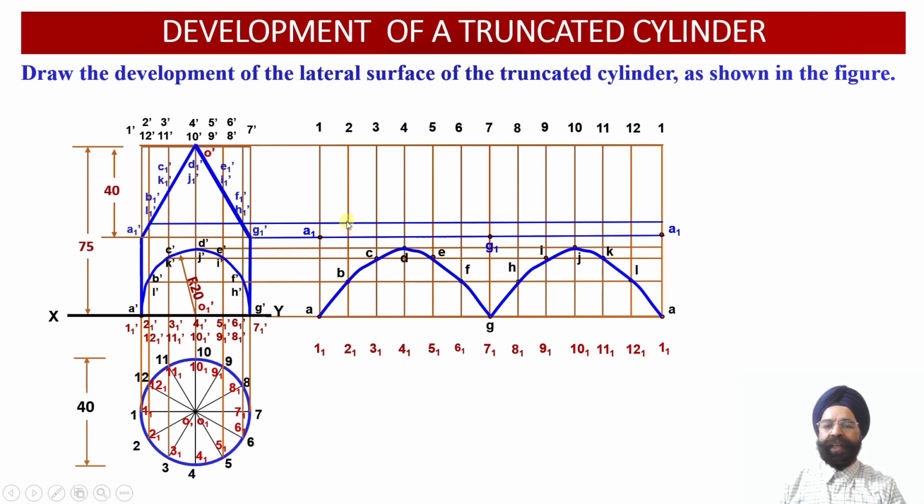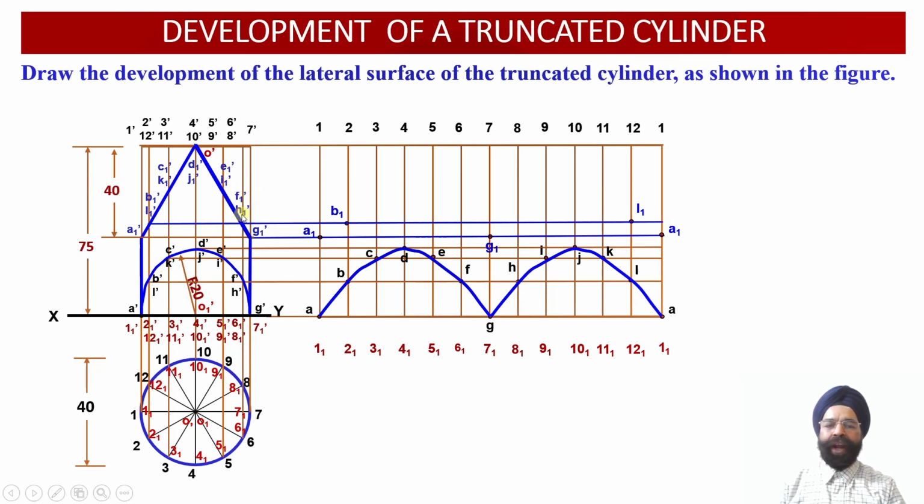So this point of intersection with 2, 2, 1 will provide us with the location of point B1. This intersection of the horizontal projector line with the vertical generator emerging through the points 12, 12, 1 will provide us with the location of the point L1 in the developed surface area over here. Similarly, corresponding to these 2 points, F1 dash and H1 dash.